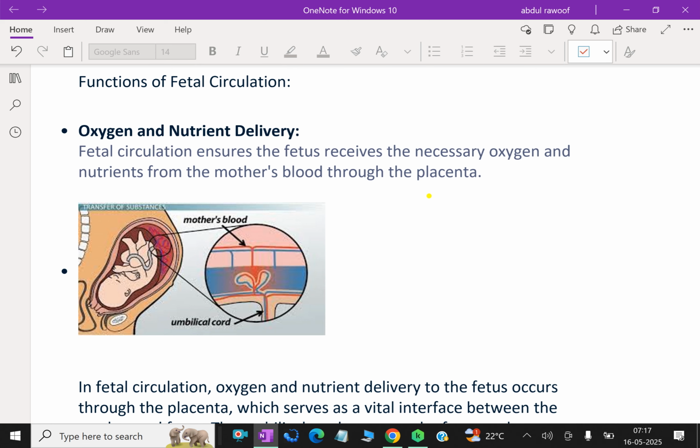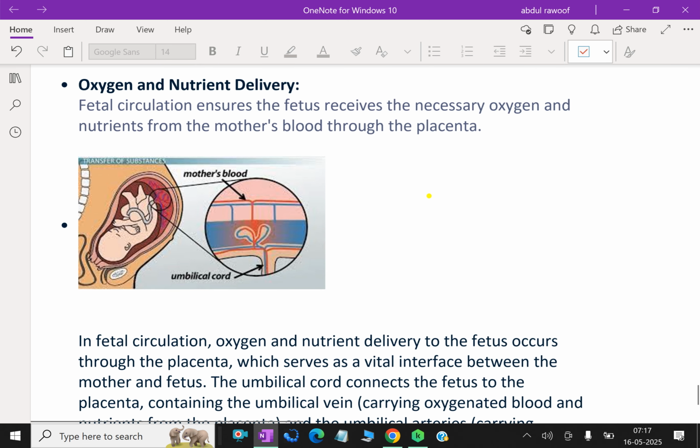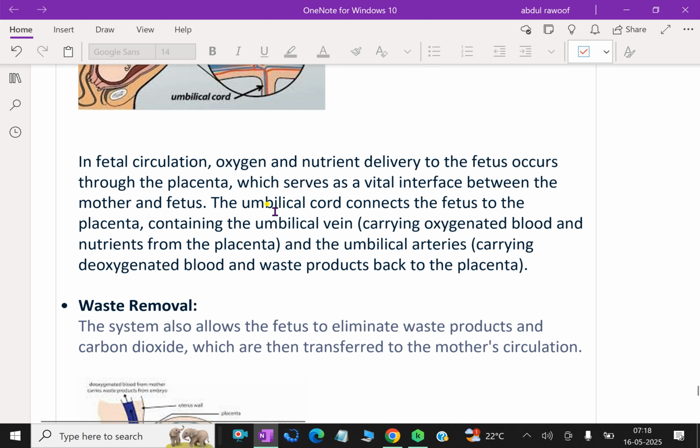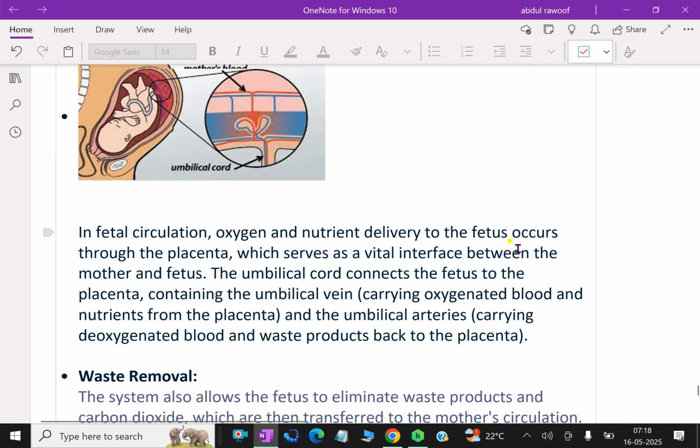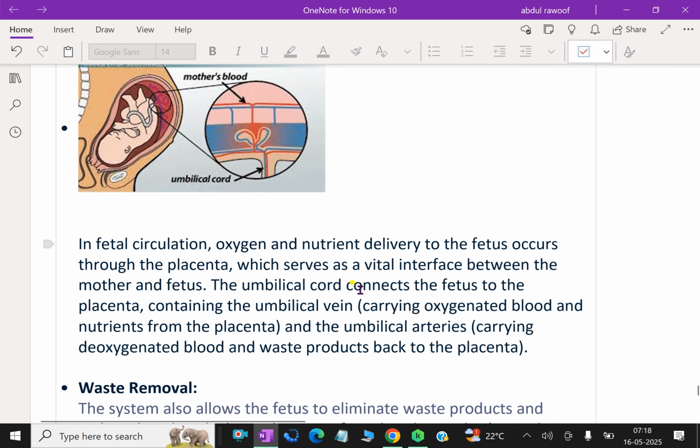The functions of fetal circulation: oxygen and nutrients delivery. The fetal circulation ensures the fetus receives the necessary oxygen and nutrients from the mother's blood through the placenta. In fetal circulation, oxygen and nutrient delivery to the fetus occurs through the placenta, which serves as a vital interface between the mother and fetus.